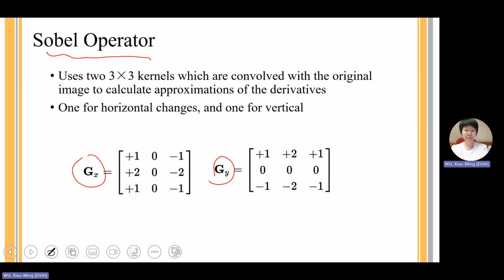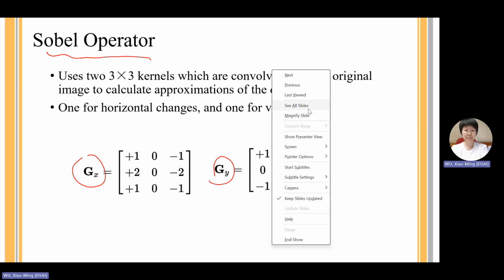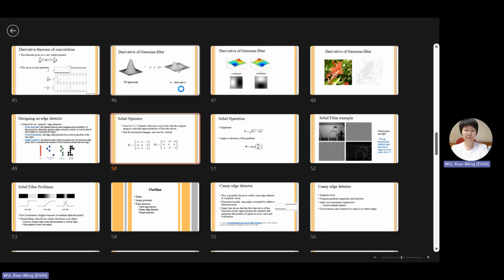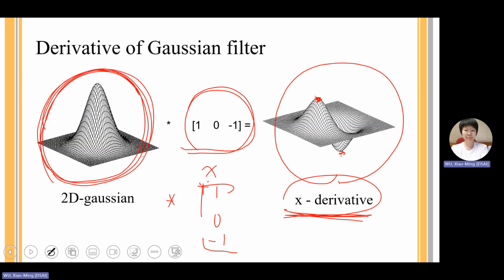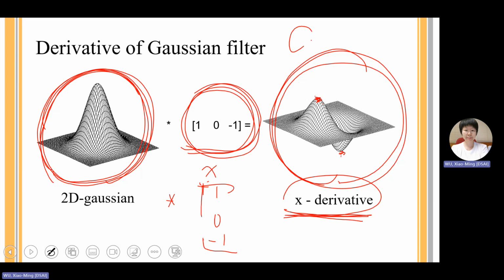Gx is obtained by the Gaussian convolved with this vector. Similarly, Gy can be obtained by the Gaussian convolved with this one-dimensional vector, and you get Gy.